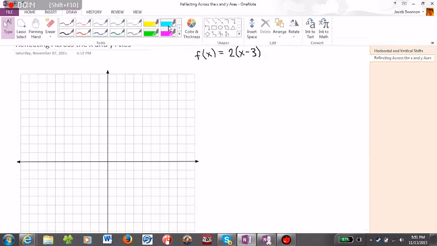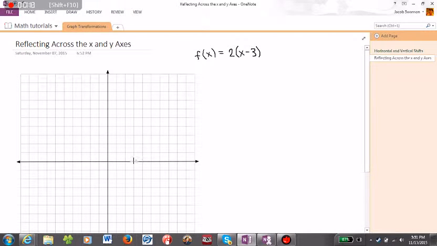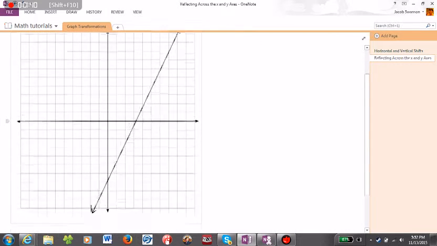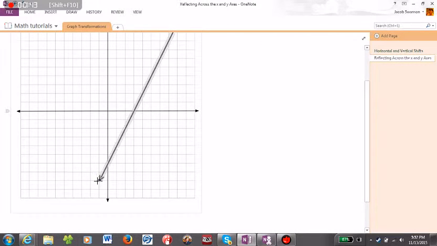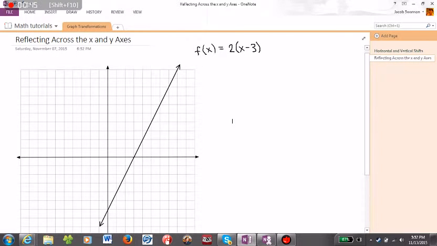It's going to cross right about here, and it's going to have a slope of 2. We'll say it goes right about here, and we can extend it down this way as well. There, so there's our line.